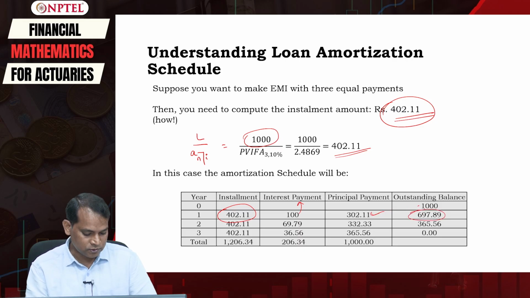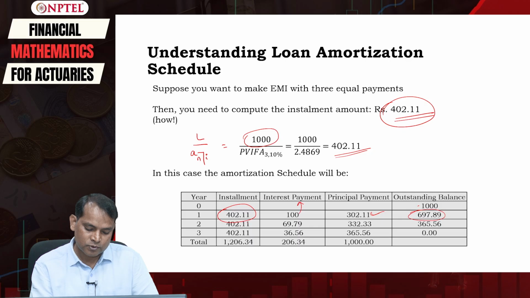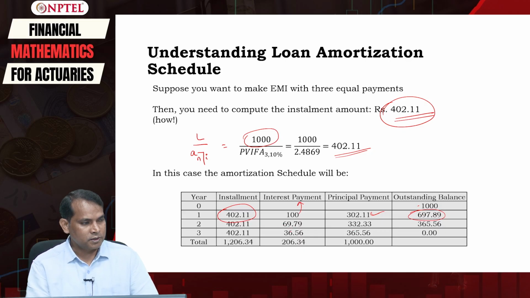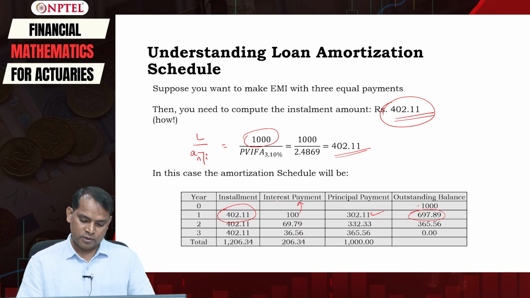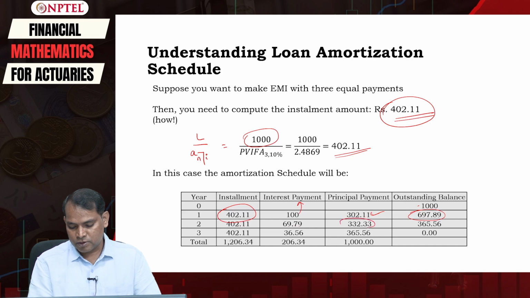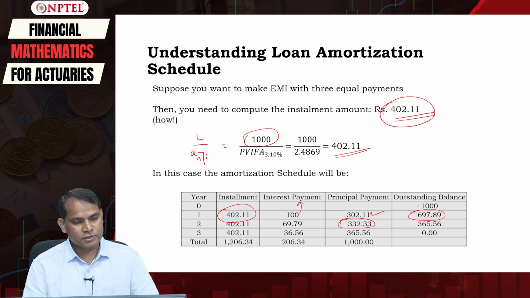The second year also the installment will be the same, and therefore our 10% of this you have to compute, that will become 69.79 and will go towards the interest payment, and this 402.11 minus 69.79 will amount to 332.33, which will go towards reducing the principal payment, and then again you subtract this value from this value, you will get this value.